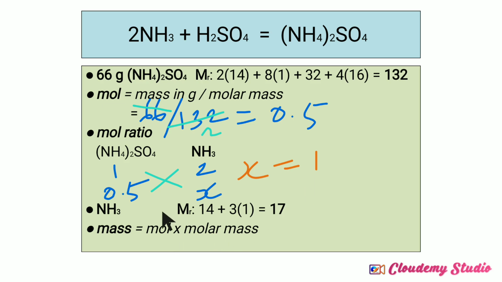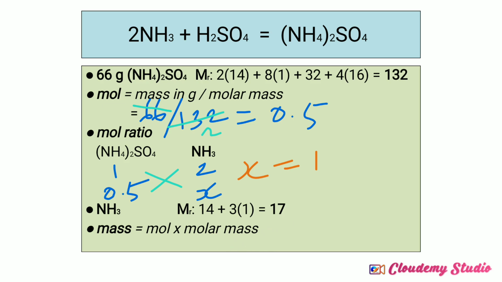Before that, we calculate the molar mass for ammonia, that is the relative molecular mass. Nitrogen 1 time, that is 14. Hydrogen 3 times, so 3 times 1. If you add together, the result is 17. 17 is the relative molecular mass. If we mention 17 gram per mole, that is the molar mass.